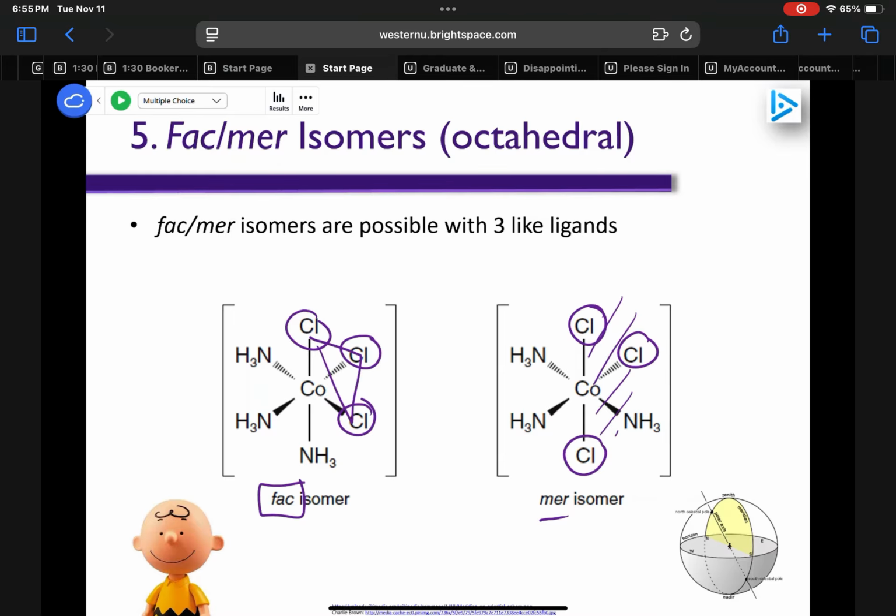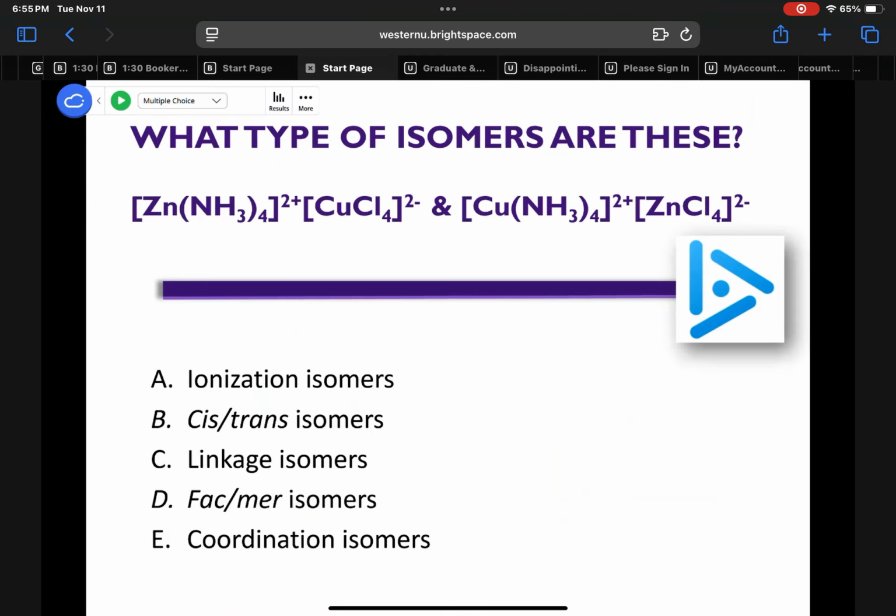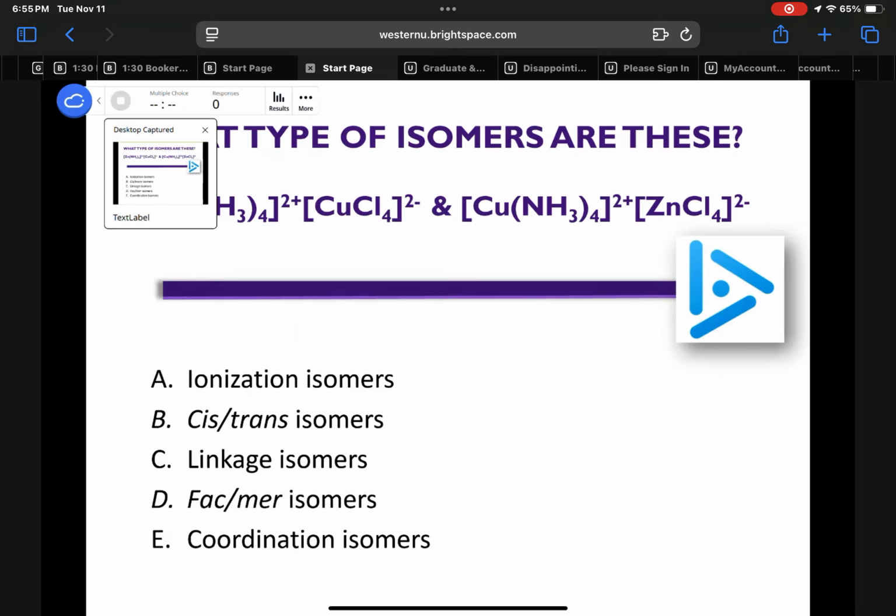Okay, so let's wrap this up with a question. What type of isomers are these? And chat with the person beside you to identify why or why not you can rule out each of these.